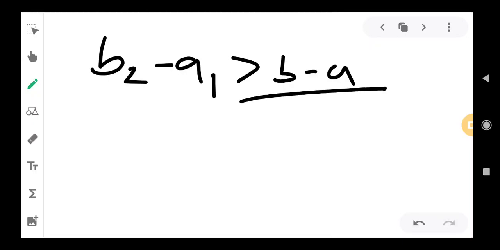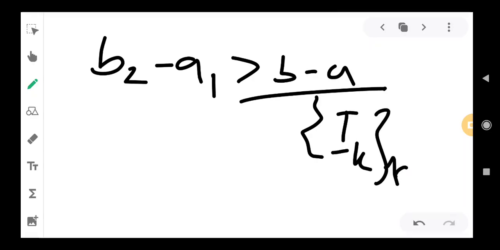This selection process will terminate, because we have taken the collection Ik from k equal to 1 to n, so there are only n intervals. It will terminate at some stage.